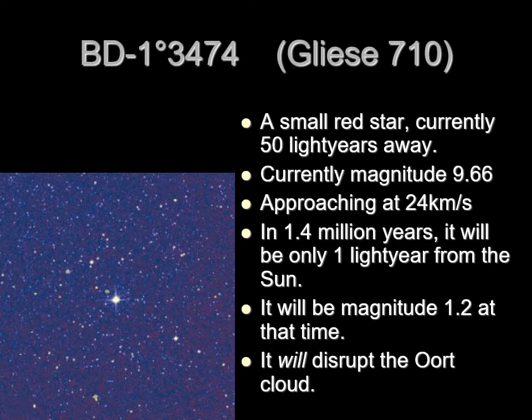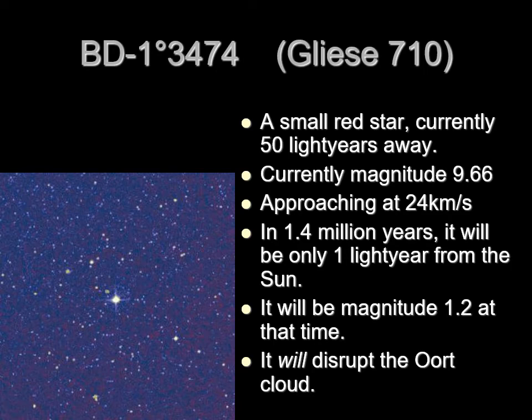It's number 710 on Gliese's list of little dim red stars, but it's also BD minus 1 degree 3474 in the Bonner Durchmusterung catalog. Right now, it's not much of a star. It's a little small red star, currently close to 50 light years away. Its magnitude is 9.66, so that's dim, barely visible in binoculars if you've got really dark skies.